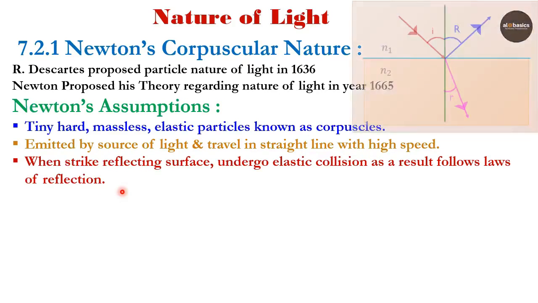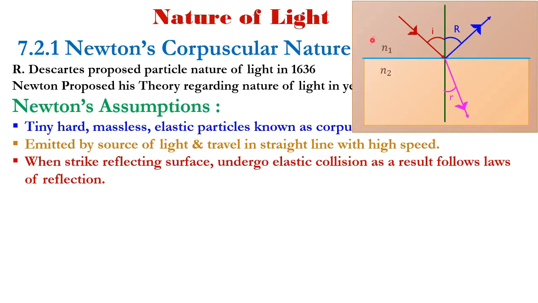We know that when light travels in a medium and strikes the reflecting surface, it gets back into the same medium. We call it reflection. He explained reflection and all its laws with the consideration that these corpuscles undergo elastic collision, and due to that reflection is possible.